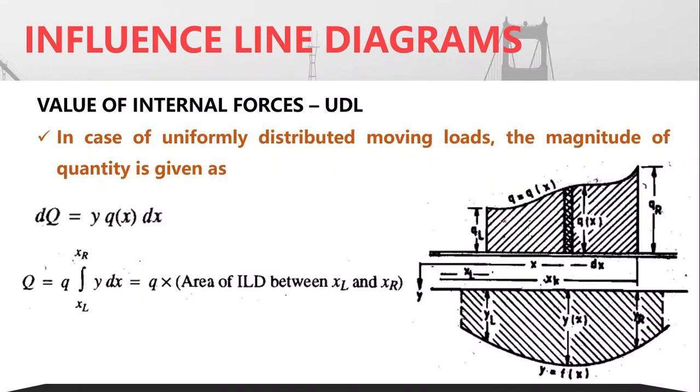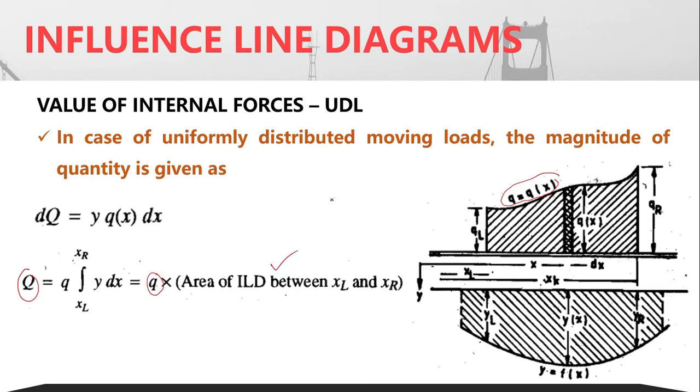Similarly, in case of a UDL, if you have a load intensity Qx, the value of Q can be obtained by Q into the integral from XL to XR of y dx, or you can say Q multiplied by the area of the ILD between these two endpoints.